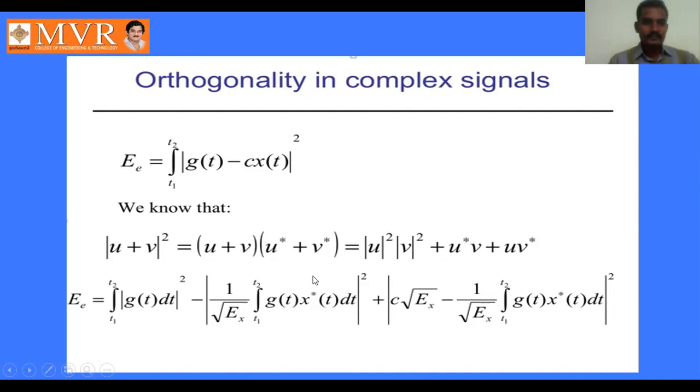By simplifying this expression, we will get E equal to integral t1 to t2 mod g of t dt whole square minus 1 by Ex, where Ex is the square of x of t, plus 1 by root Ex integral t1 to t2 g of t into x star of t dt whole square, plus c into root Ex minus 1 by root Ex into integral t1 to t2 g of t x star of t dt whole square.